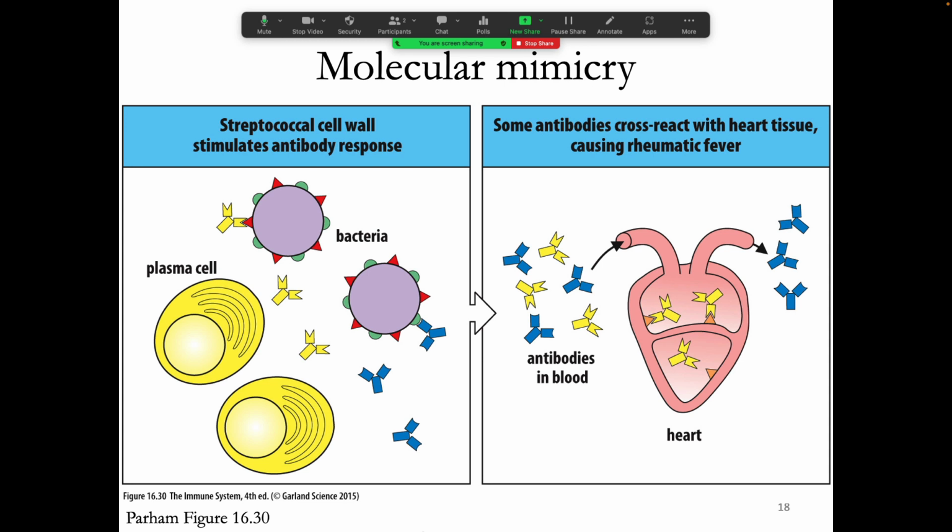There is a very famous case of this, where there are sometimes antibodies made to a particular type of bacteria, a Streptococcus species, and those antibodies can also bind to some structures in the heart and lead to destruction of heart tissue in a disease called rheumatic fever.